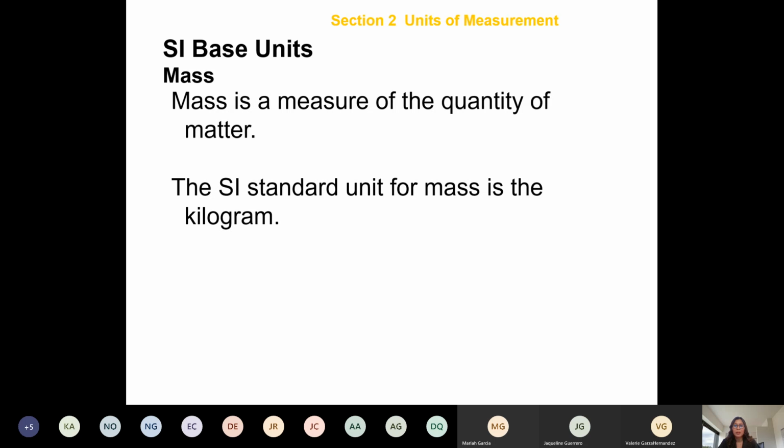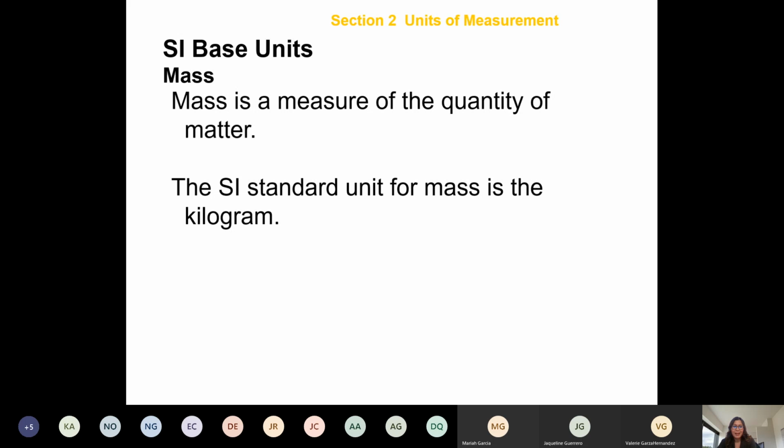Make sure that in your notes you put grams next to it, because a lot of times in chemistry we're measuring the mass of very small quantities. And so instead of using the kilogram, we use the gram. So also put there grams as well.